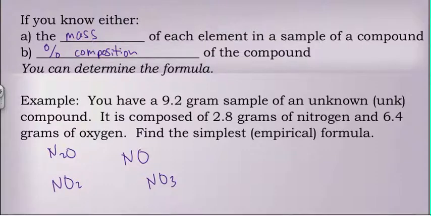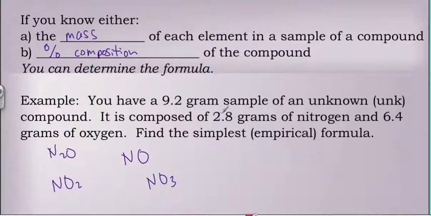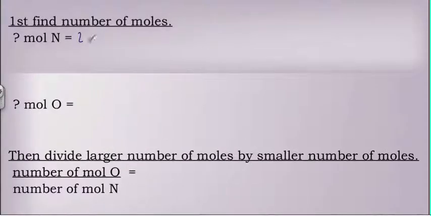So the first thing we want to do is convert our grams into moles. I'll convert my 2.8 grams of nitrogen into moles by dividing by the molar mass of nitrogen, 14 grams in 1 mole.